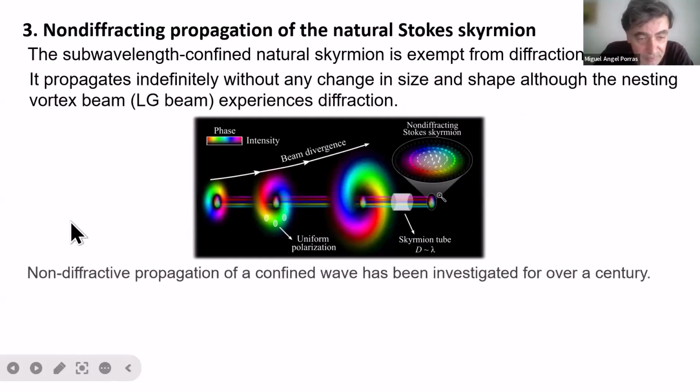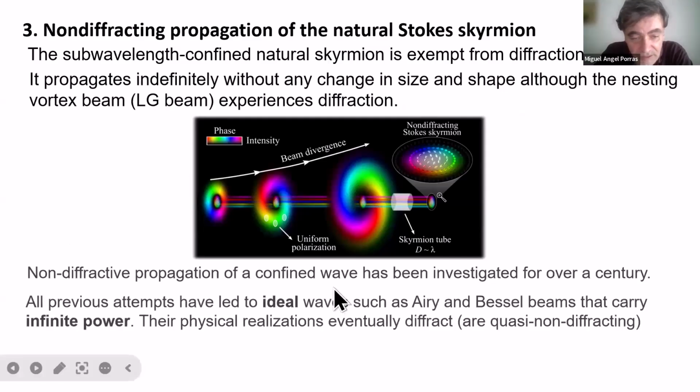And this touches another traditional problem in optics, that is non-diffracting or diffraction-free propagation. This traditional problem has been investigated for more than a century, and all attempts or advancements have always led to somehow ideal waves, such as Airy beams, Bessel beams, all carrying infinite power. This is the idealization, and their physical realizations eventually always diffract.